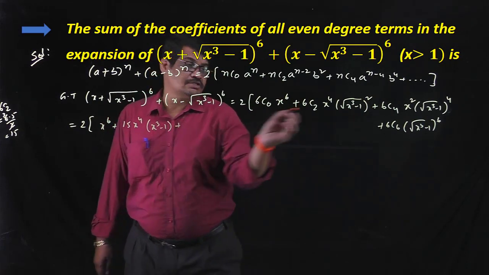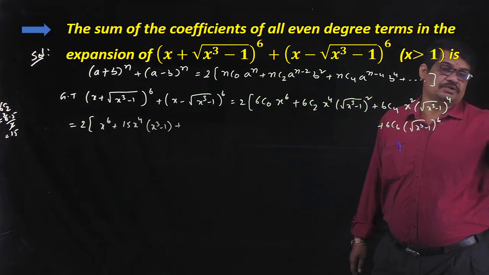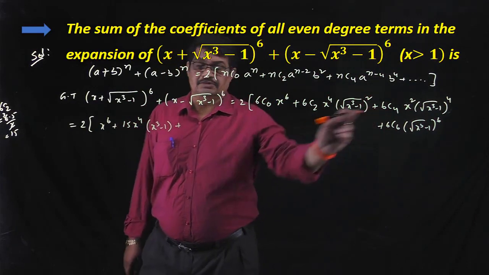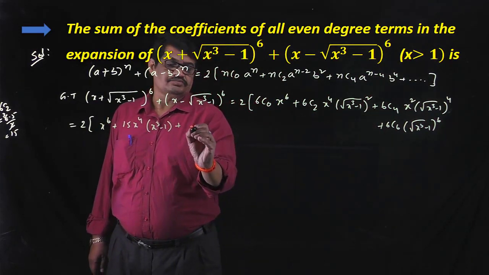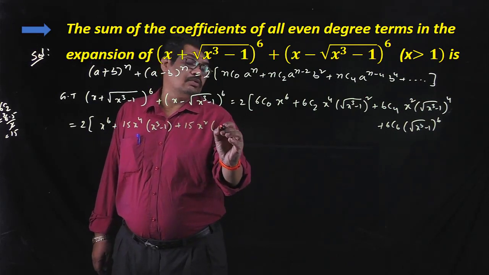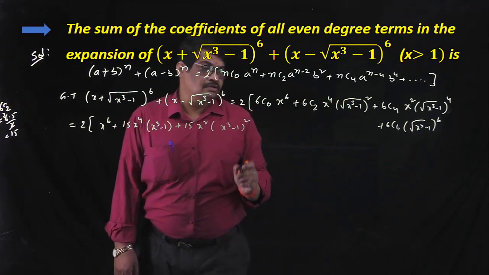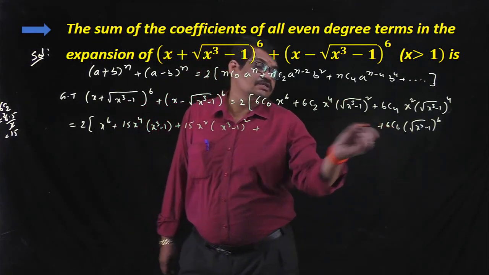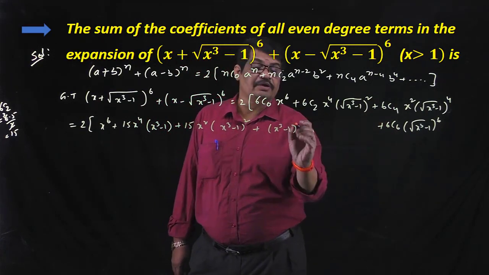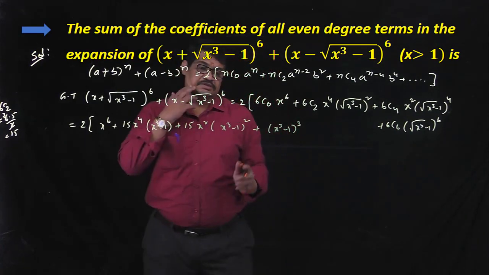Plus 6C4, that is nothing but 6C2, that is 15, 15 x square into (x cube minus 1) whole power 4 by 2, that is square. Next one is 6C6, that is 1, here (x cube minus 1) whole power 6 by 2, that is 3. Now we are expanding, we are getting this one.